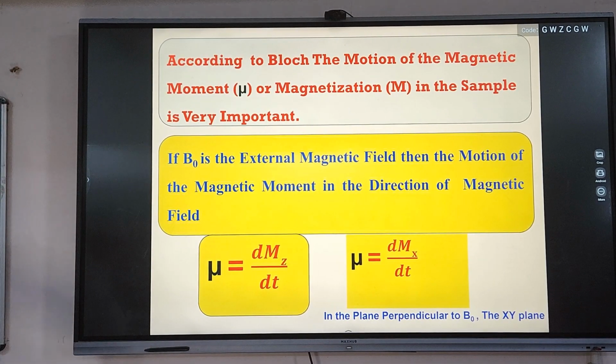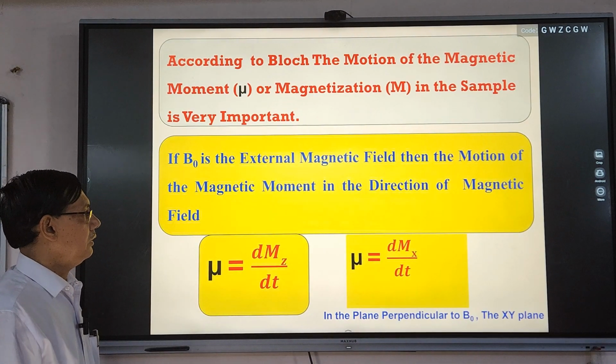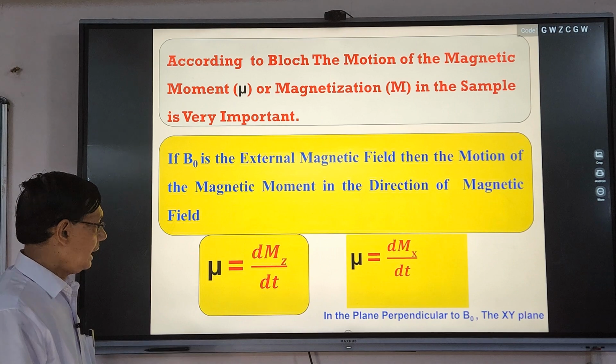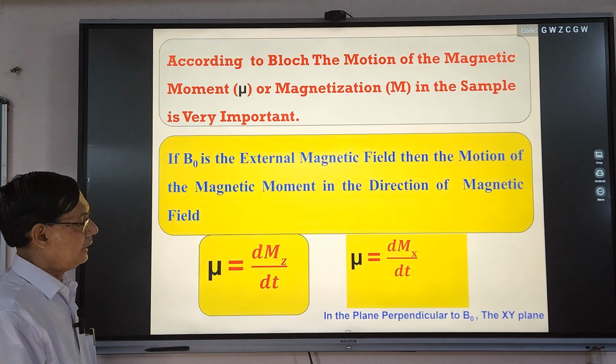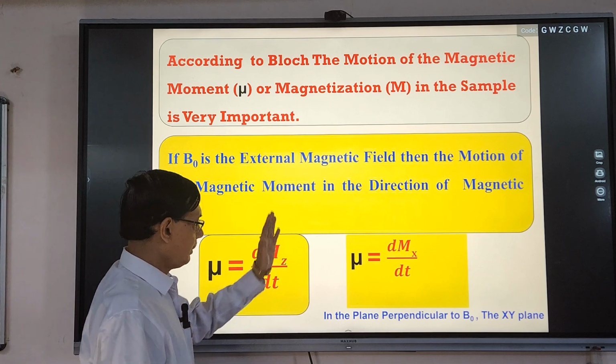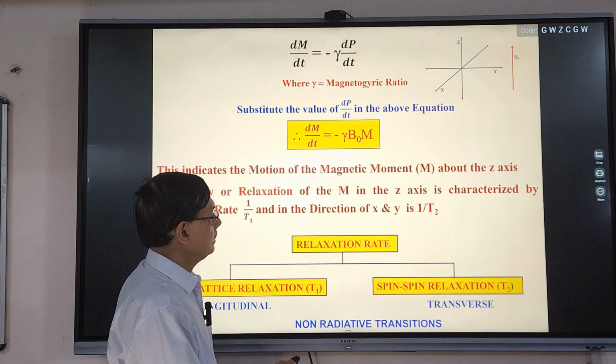So there are two conditions. One is along the external magnetic field, and the second is in the plane perpendicular to B0, that means the X and Y plane. Let me just show you this.